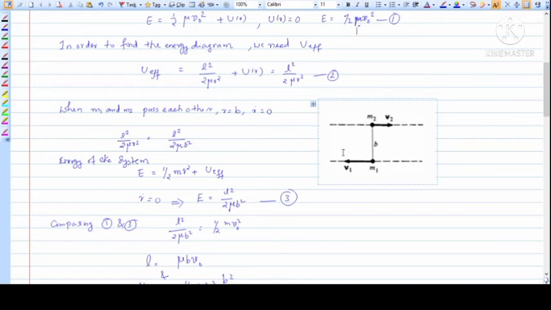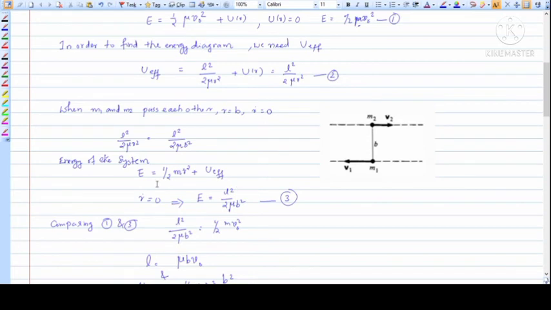So the energy of the system is half mu R dot square plus U effective, and we know that R dot is equal to 0 at this particular position, and E is equal to L square by 2 mu B square.